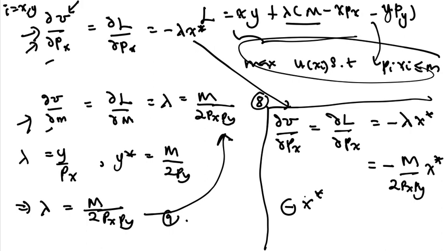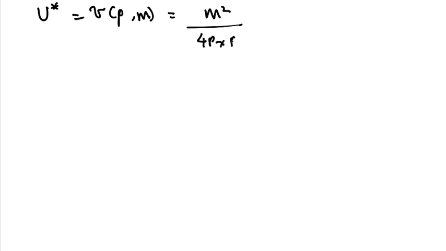So here, specifically, what is x star? Let's use the example again. We know that the indirect utility function that we obtained earlier is u star equals v as a function of p and m, not y, p and m, equals m squared over 4 px py.